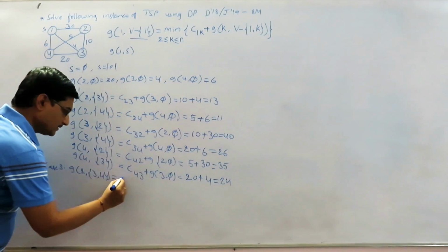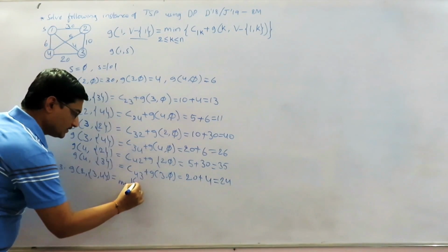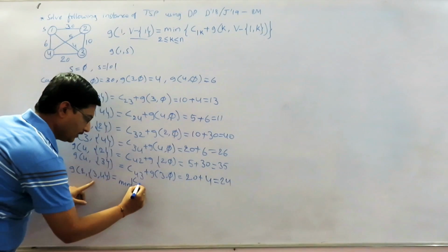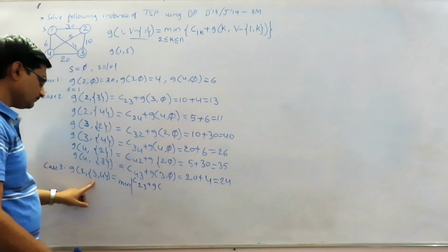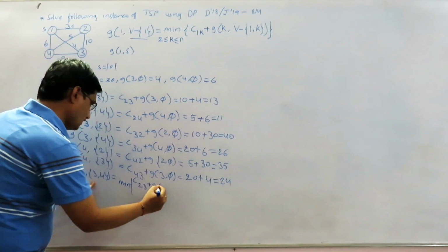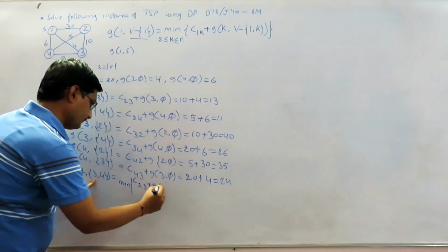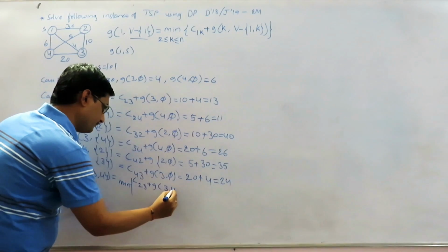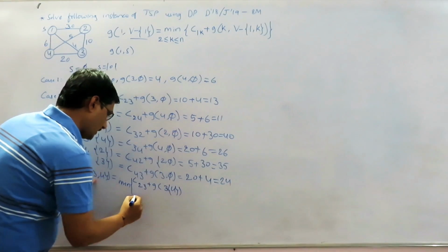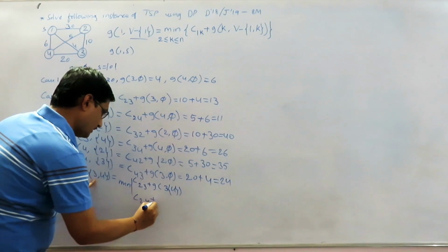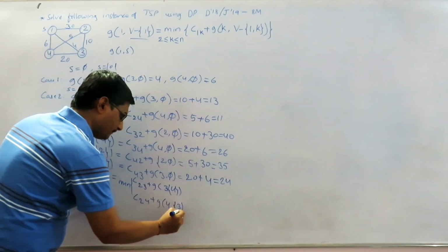It is the minimum of C23 plus G of 3 comma 4, and C24 plus G of 4 comma 3.